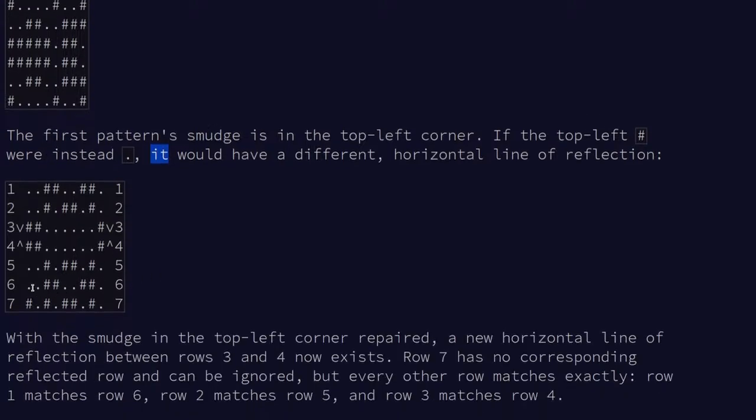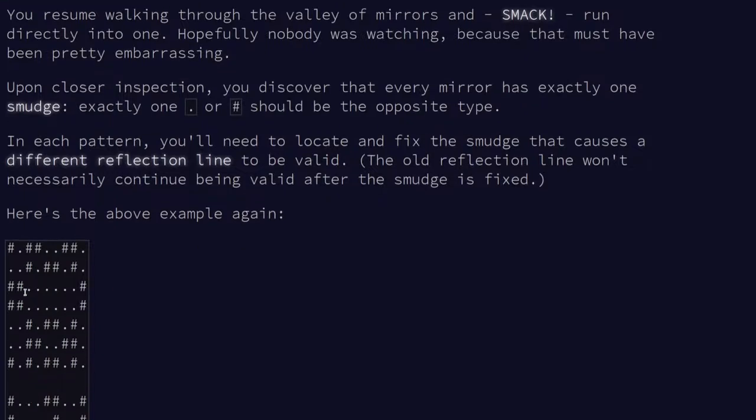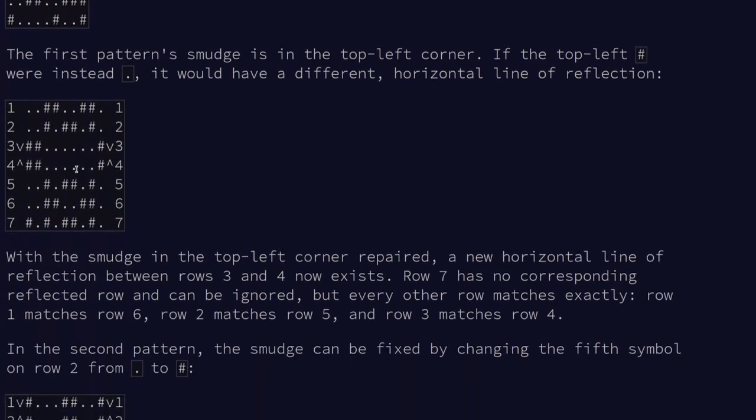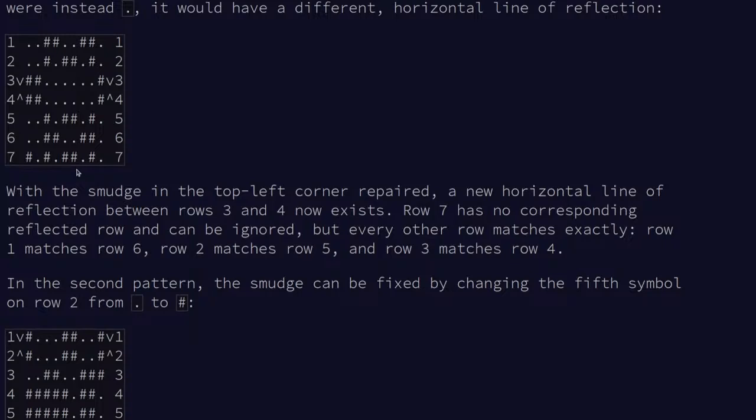So if I change, there was one smudge, right? So it was this character and this character, and changing one of them to the other means there are two ways, and both of them give the same horizontal line of reflection, but I'm counting them twice.